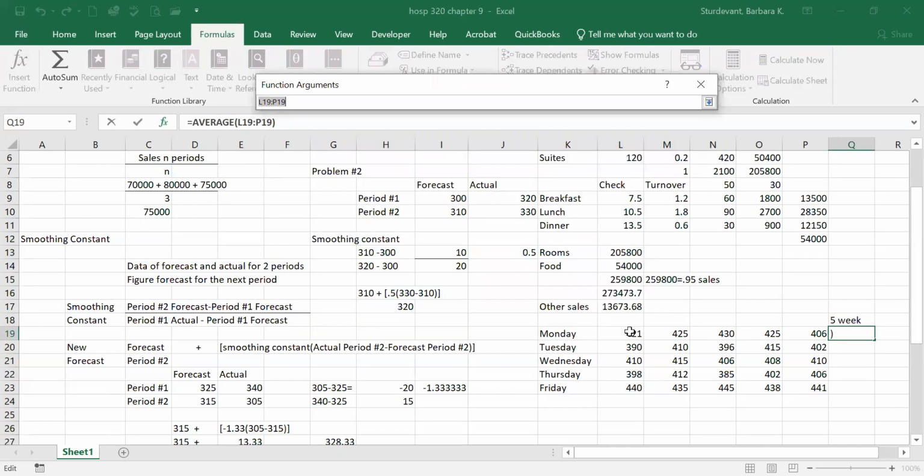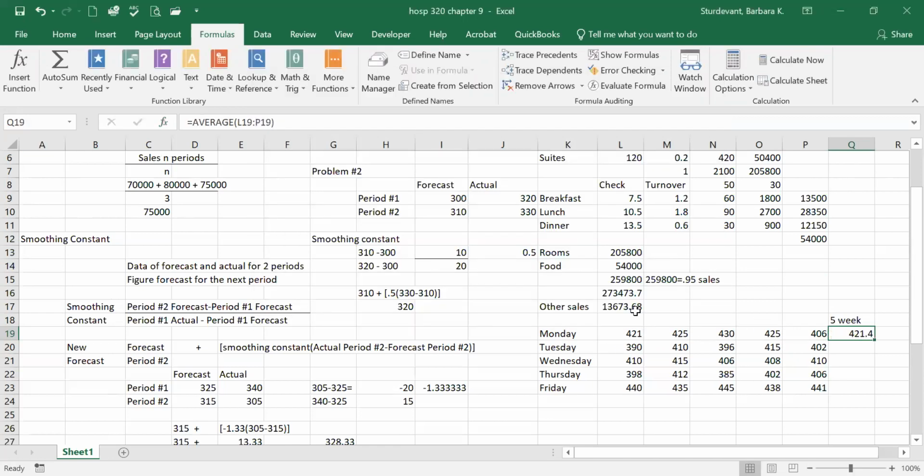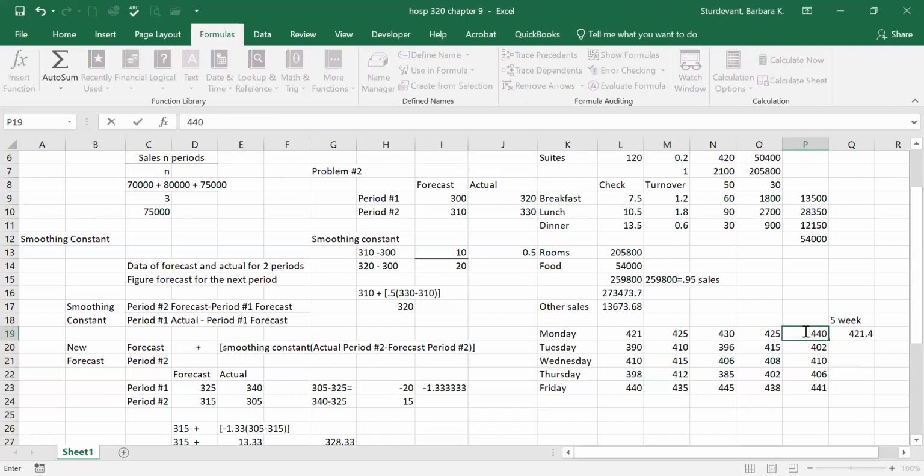So we're going to do a 5-week the first time. Week 1 through Week 5 is 440 on Monday. Week 5 is 440. All right, that looks a little better.